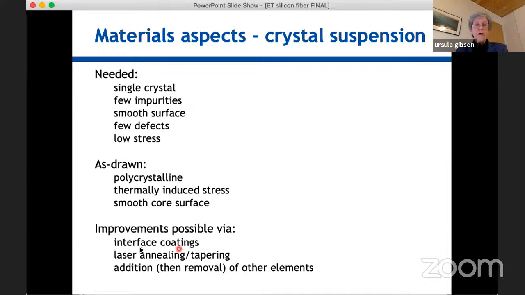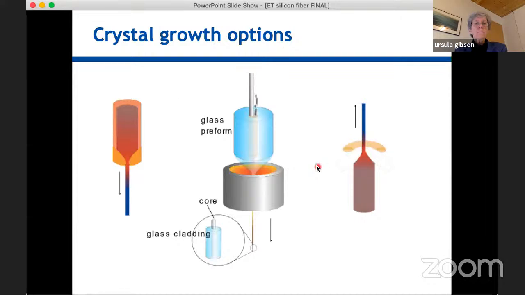And a key factor of what we have been working on is the use of laser annealing. This allows us to taper the fibers. It allows us to recrystallize them. It allows us to do some really interesting material science things. And in addition, one of the things that we found is hugely useful is to use not just pure silicon, but to add an alloying element.